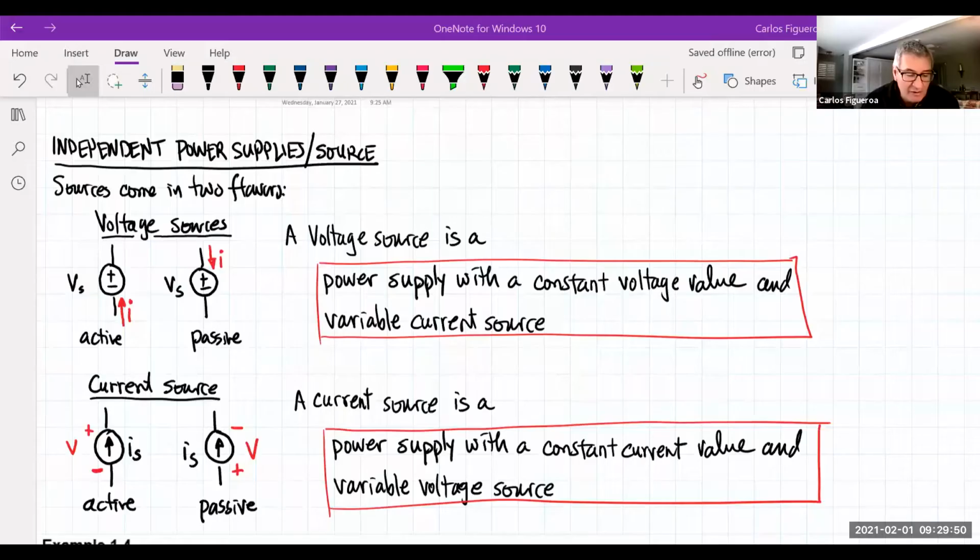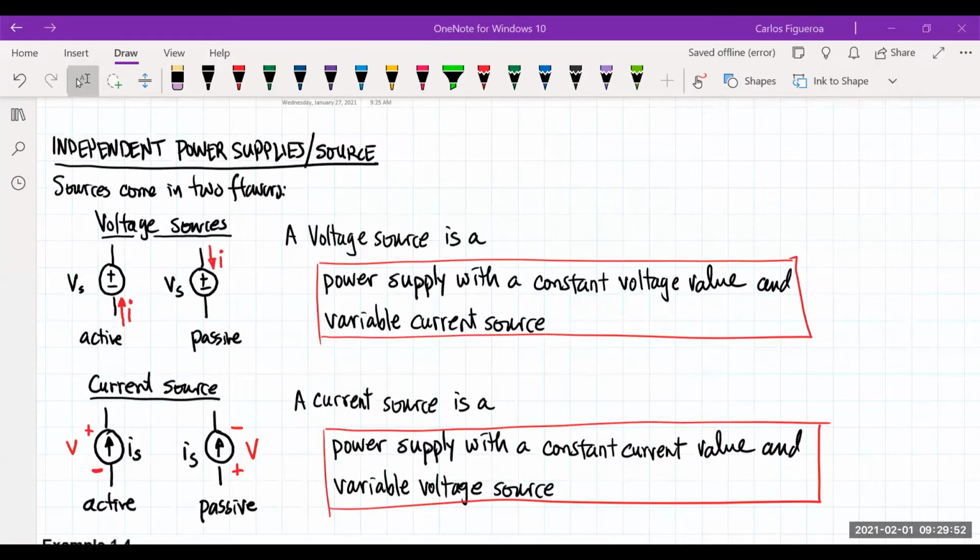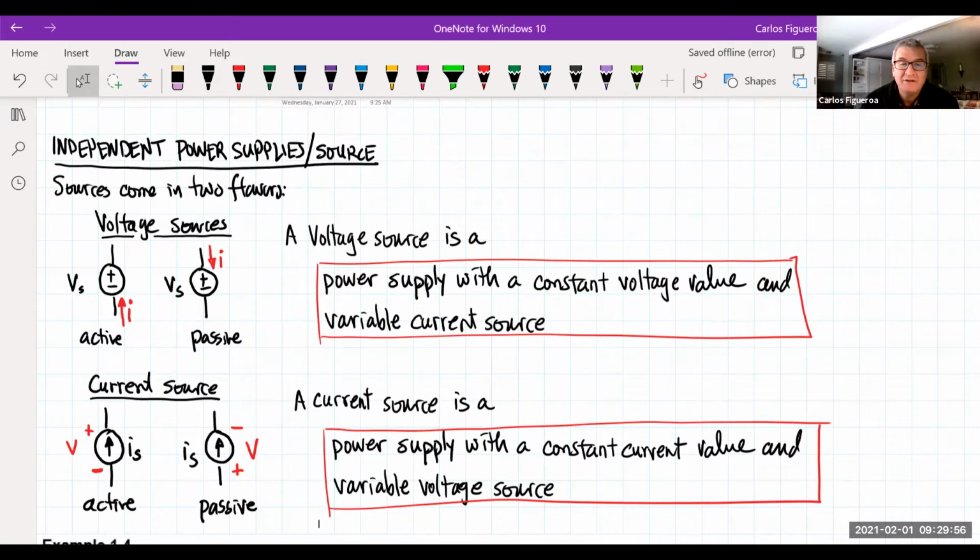So we were talking about independent power supplies. And remember, language is sloppy here, because people talk about a voltage source and a current source, but it's more detailed than that. Everything's a power supply because everything puts out voltage and current. That's the definition of power.